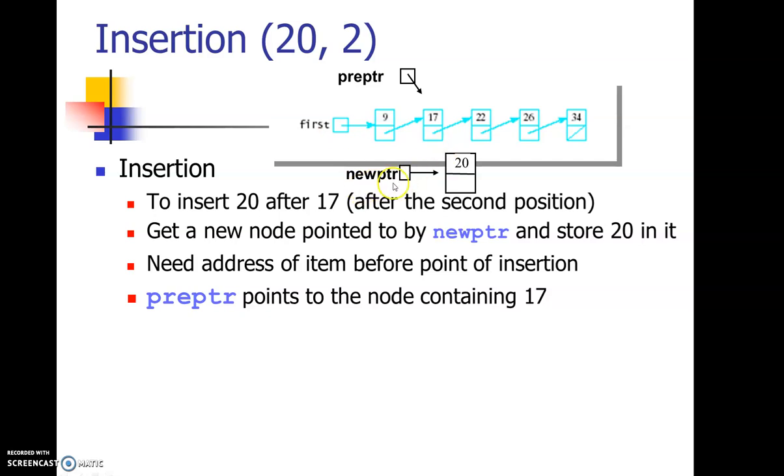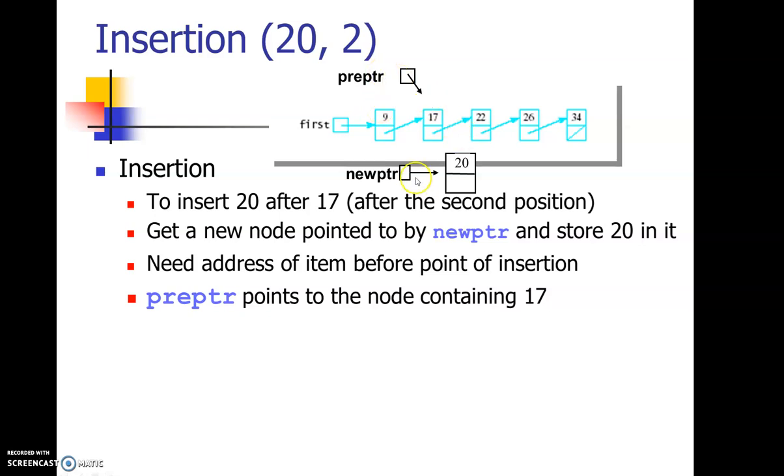We have a new pointer pointing at the new space that we have created. And we need a pre-PTR, starting from where the first pointer points, walking through until the element in front of where we want to insert the new item. That is what the pre-PTR is trying to do.